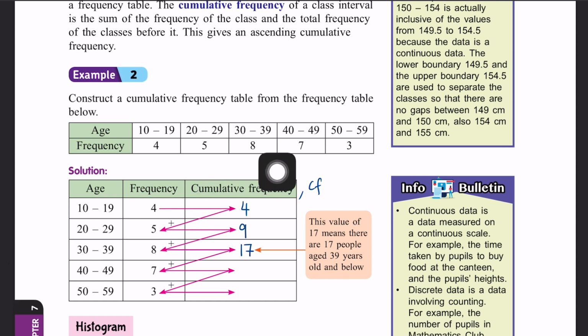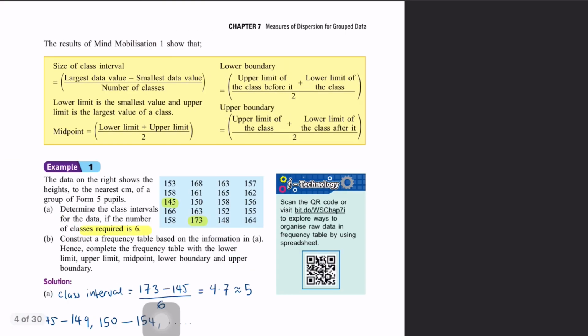Seterusnya 17 tambah 7 dapat 24. And final one, we have the frequency is 3. So the cumulative frequency tambah je dengan cumulative yang sebelum. So 24 tambah 3 dapatlah 27. Boleh, senang je kan?